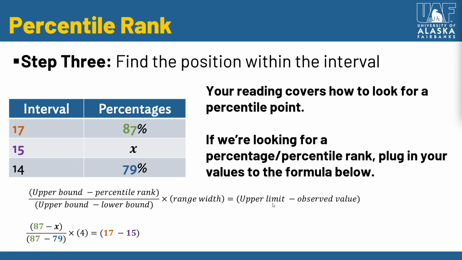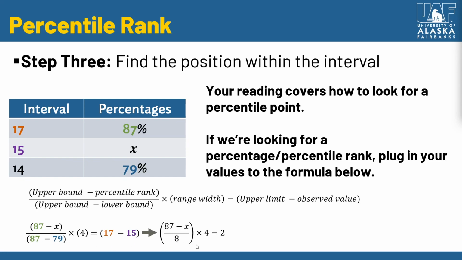That equals the upper limit, 17, minus the observed value, 15. When we're talking about bounds, we're talking about the percentages, and limits and observed value are the actual scores. If we do this math, 17 minus 15 is 2, and 87 minus 79 is 8.